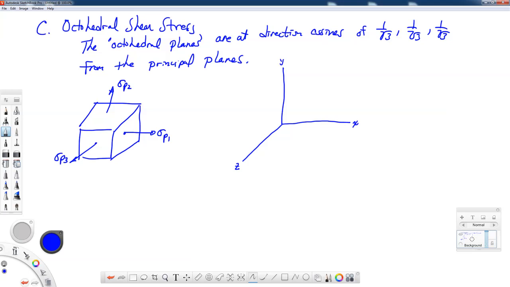First thing we need to understand about the octahedral shear stress is that it is defined on something called the octahedral planes. And these planes are at direction cosines of 1 over square root of 3, 1 over square root of 3, 1 over square root of 3 from the principal planes, or the principal directions.